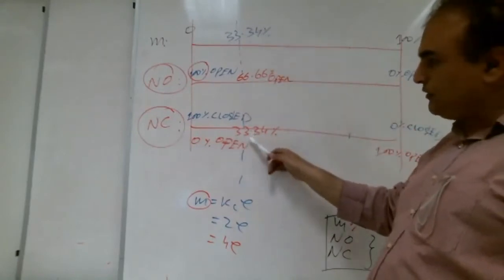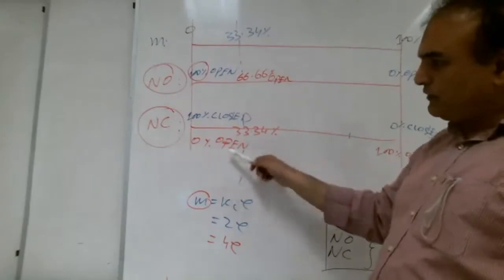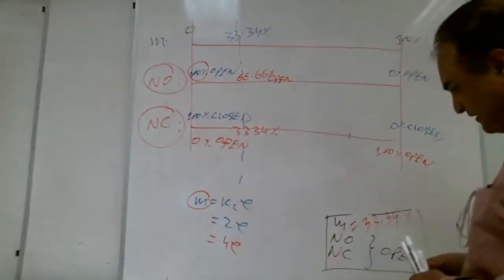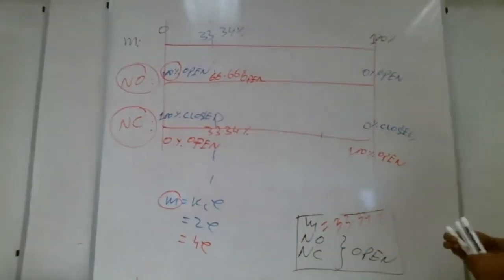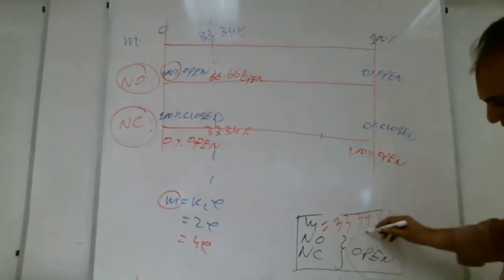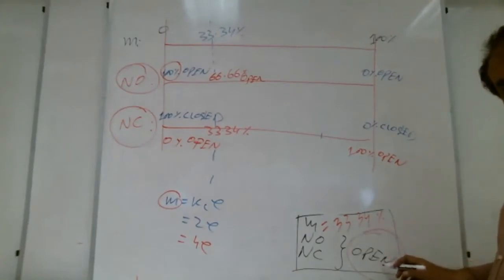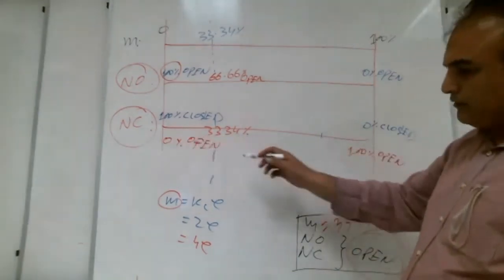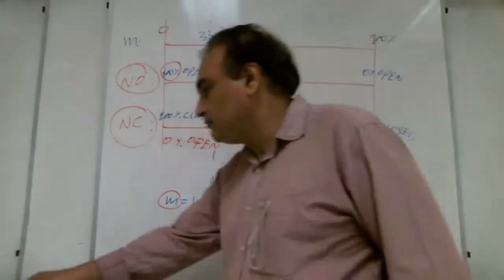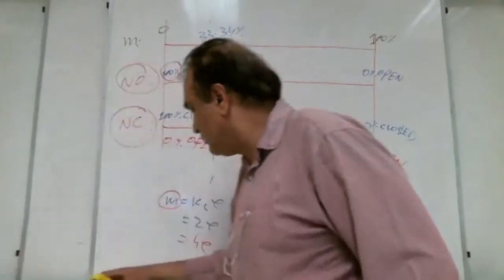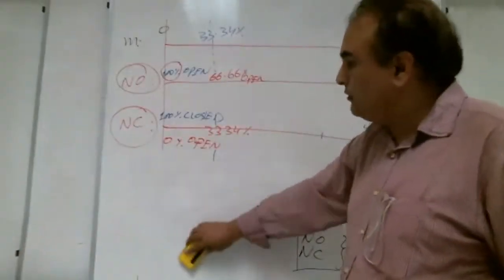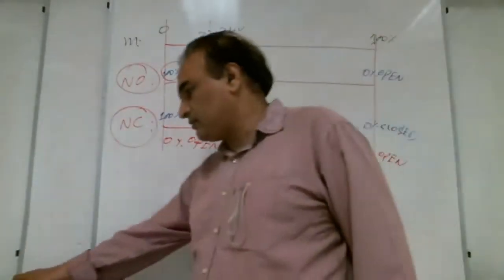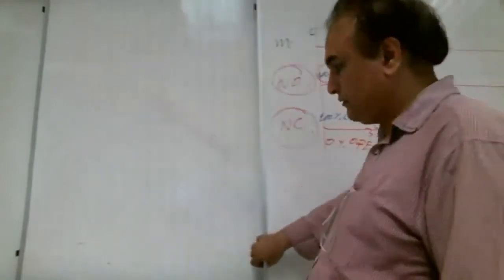How much open? 0% open from this side, because we are interested in open. See here the question. We are interested in how much open. So you tell me how much open? 33.34. Yes, you are correct.